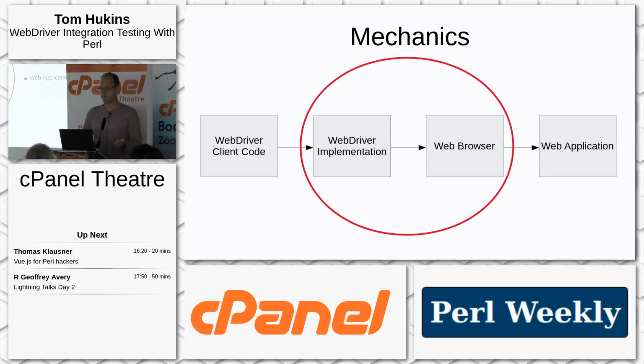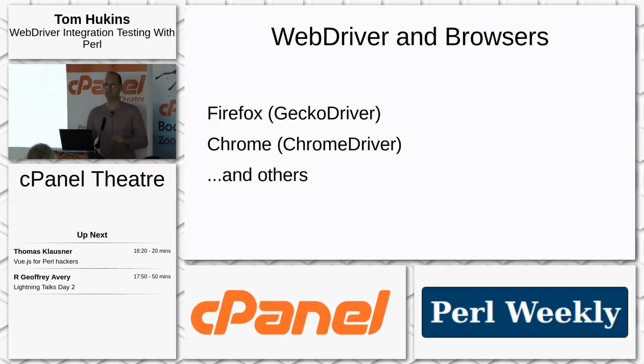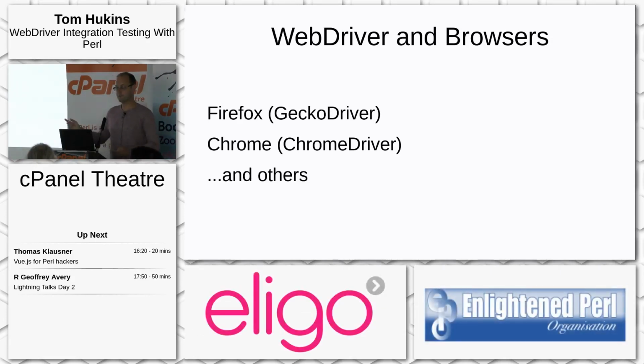Okay, so your WebDriver implementation is then talking to your web browser. And the implementations nowadays are often written by browser manufacturers. So for example, if you want to automate Firefox, you can use Gecko Driver. And if you want to automate Chrome, you can use Chrome Driver. And loads of browsers have WebDriver implementations nowadays.